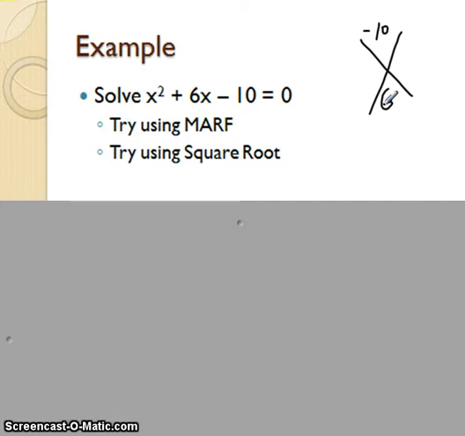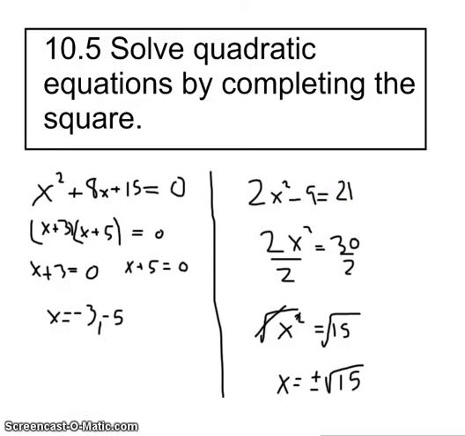And if we look at all the possible factors of negative 10, there are none. So this is a non-factorable quadratic equation. I cannot use the square root property because I have two x's here. I have an x squared and an x. Looking back at our example, you note that that only applies when you have an x squared term.